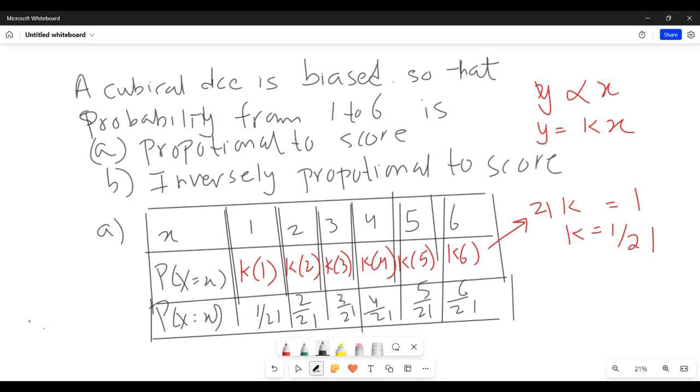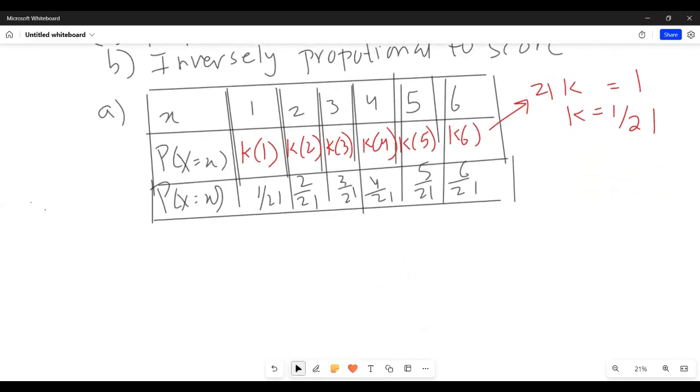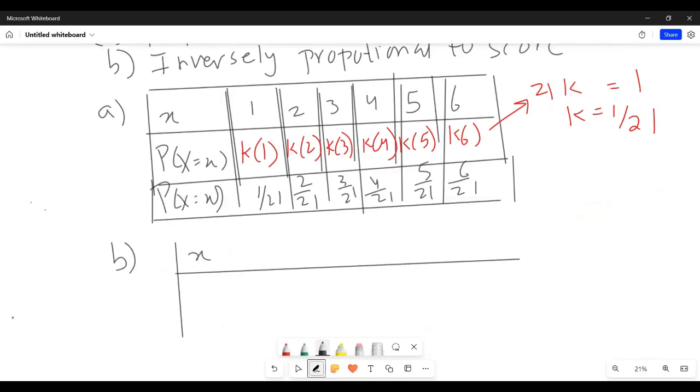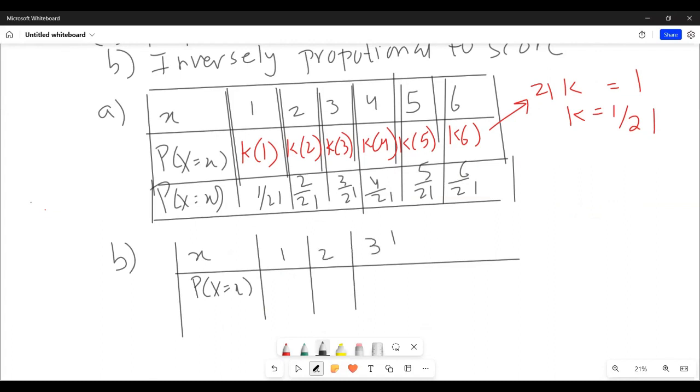Now let's do part B, where the probability is inversely proportional to the score. Okay, part B, same, x, probability x equals x, 1, 2, 3, 4, 5, and 6.